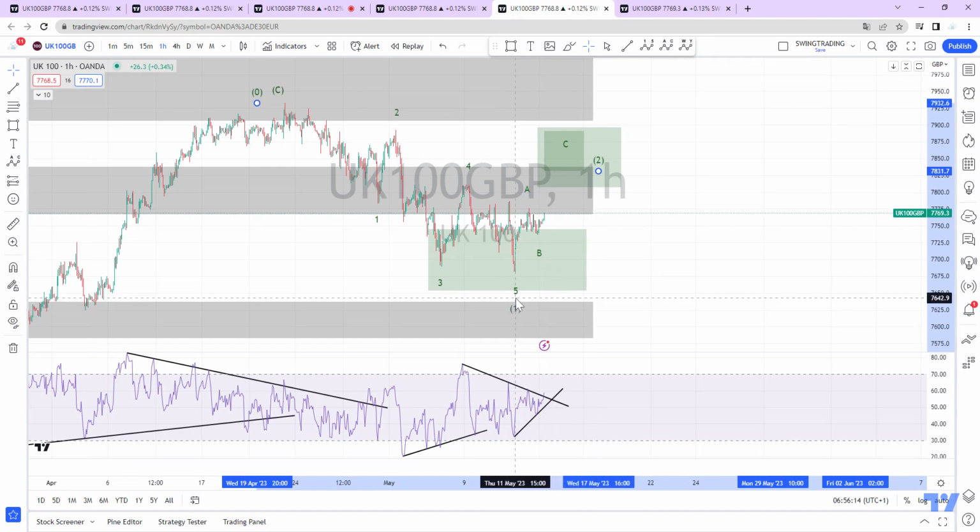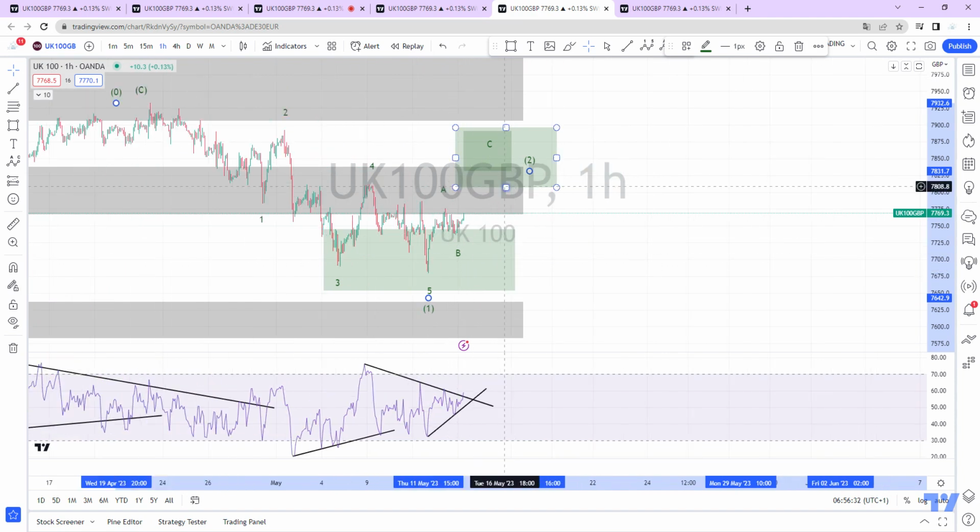But I don't really expect it. If I would have to do a long, I would do it here. I will not enter here. So I think this wave one down is over, and I expect upside in the near term, in the lower time frame.